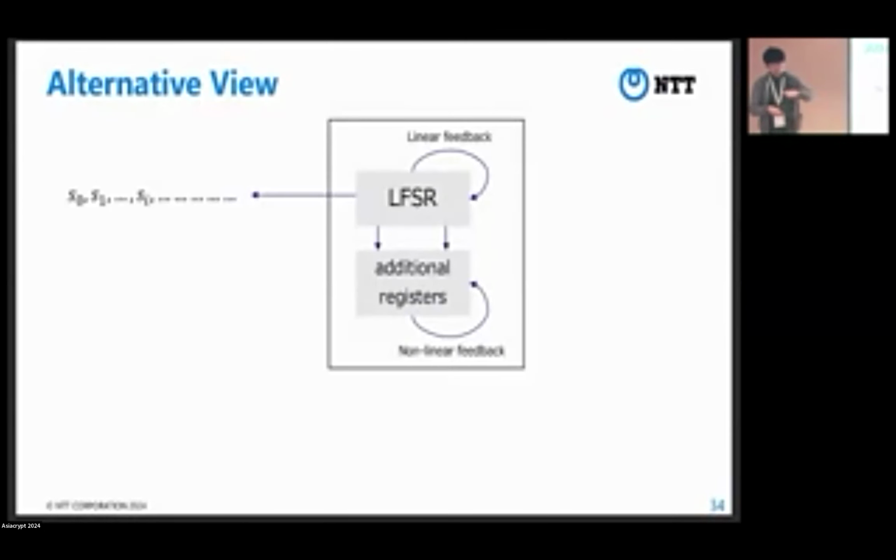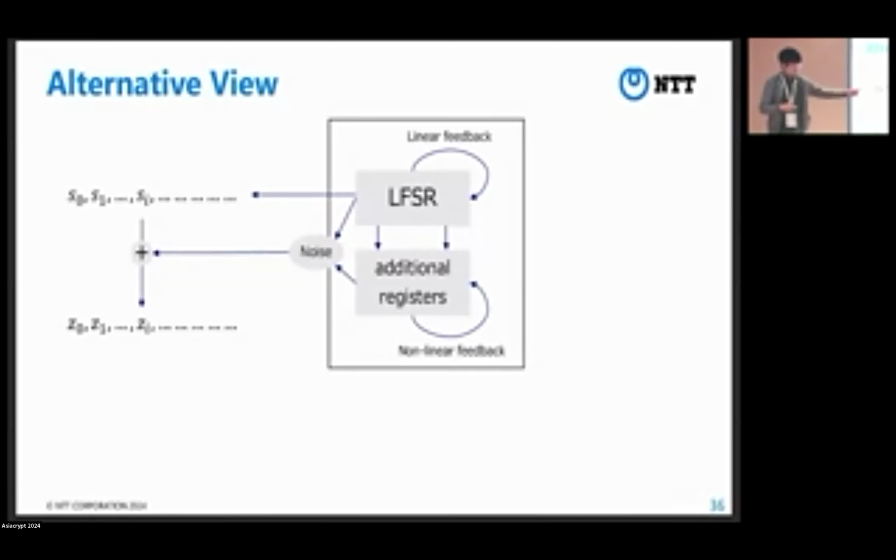Because the LFSR produces a very long sequence, we can assume that the cipher generates some LFSR sequence S, and it also generates some kind of noise. And then the key stream bit Z is obtained by adding the noise to the long LFSR sequence.